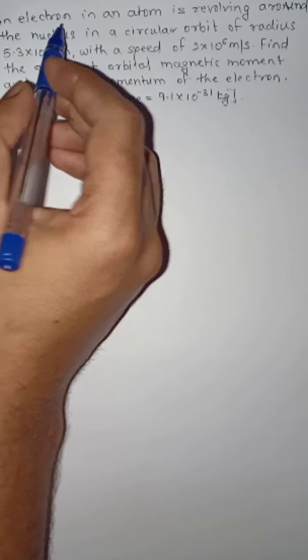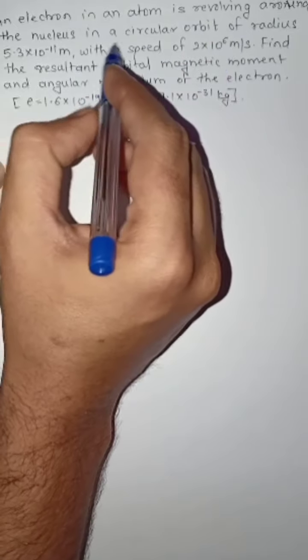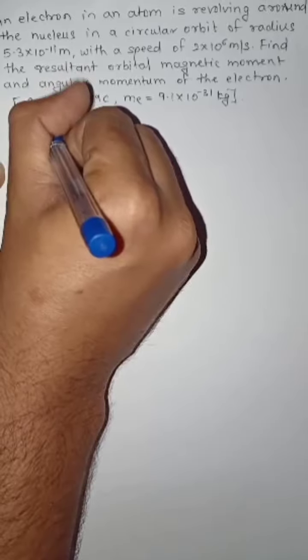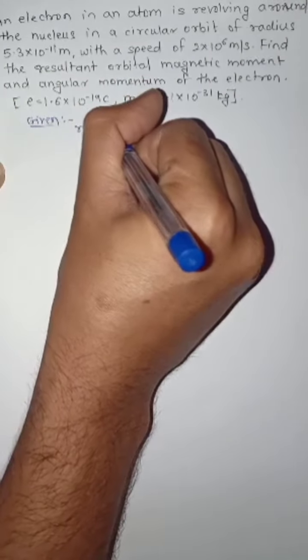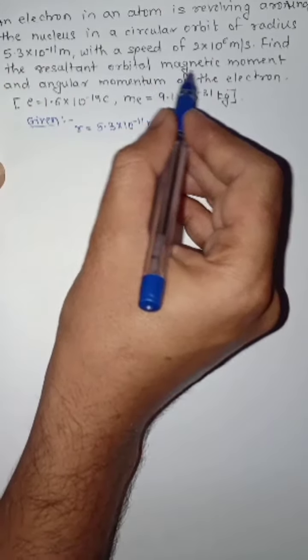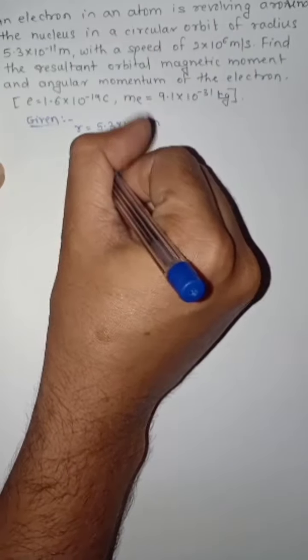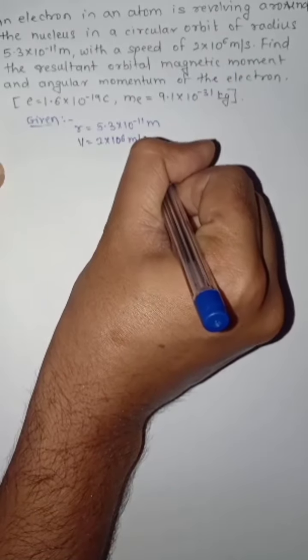264, question number 6: an electron in an atom is revolving around the nucleus in a circular orbit of radius, so this is our radius, so I will write down here r is equal to 5.3 into 10 raised to minus 11 meter with a speed of 2 into 10 raised to 6 meter per second, so v is equal to 2 into 10 raised to 6 meter per second.